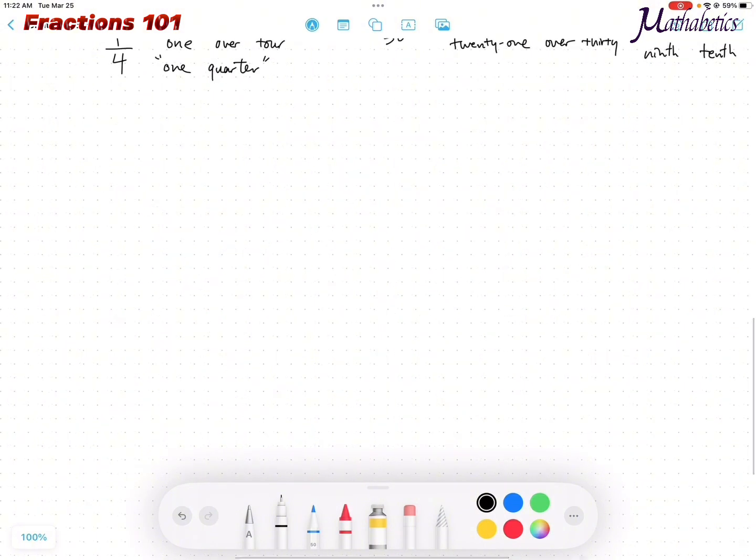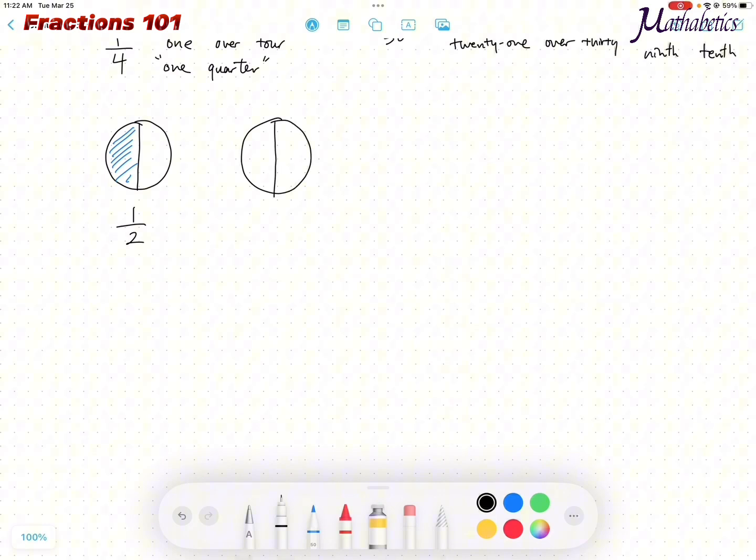Now the next thing we should be talking about is what happens when you divide a fraction further. So let's say we have one fraction here. We have a 1/2. Now let's do another one in red. So right here, they're both 1/2 right now, right?